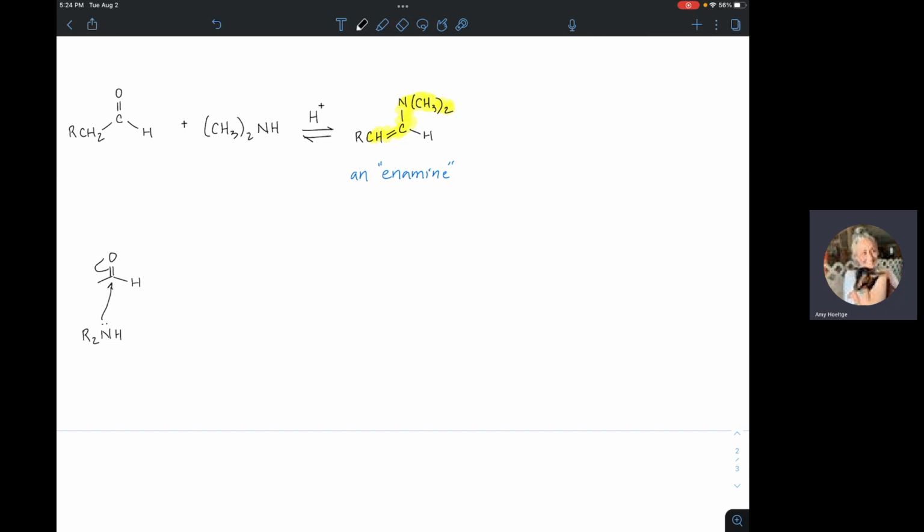I'm going to attack the carbonyl carbon. Get my tetrahedral intermediate. Nitrogen has a positive charge. The oxygen has a negative charge. We get a little bit of acid in the flask. I'm going to protonate the oxygen. So this is all same old, right?